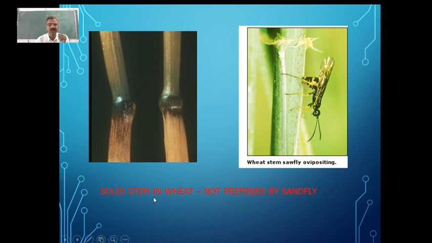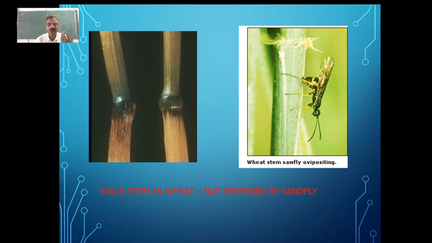In some cases like wheat, they have solid stem. Because of the solid stem, they cannot be preferred by any sawfly, so they cannot suck the nutrients from the plants here. That's why the solid stem is there.